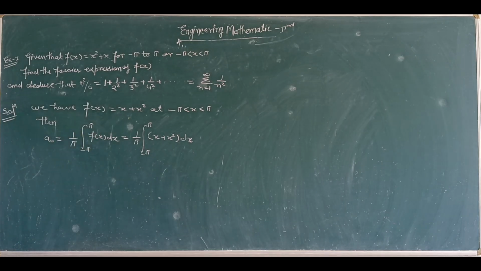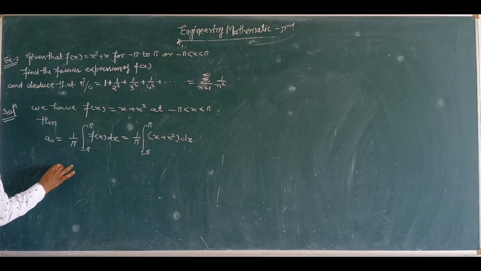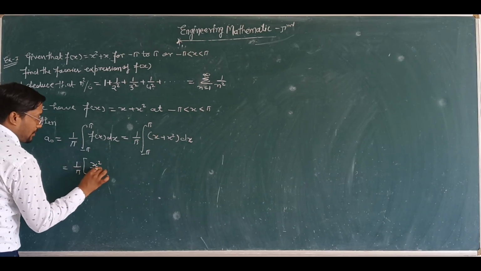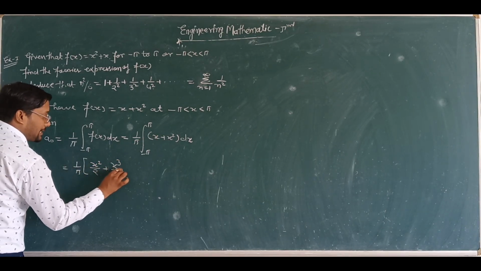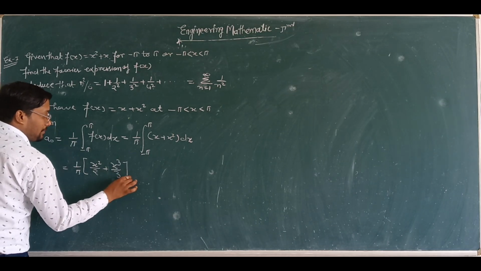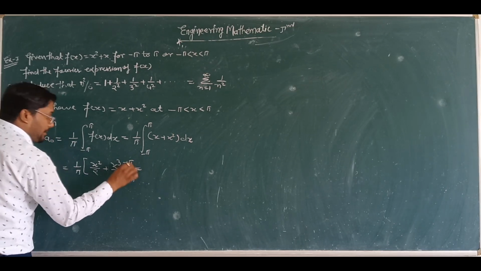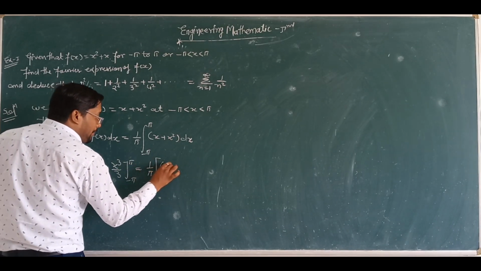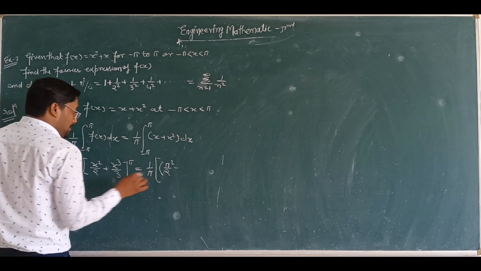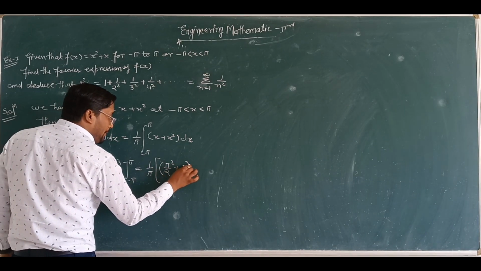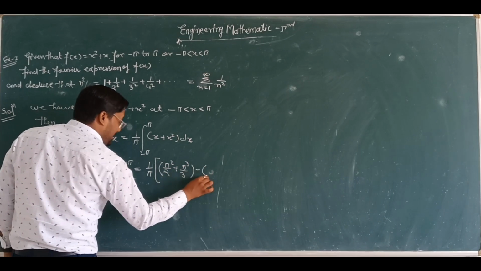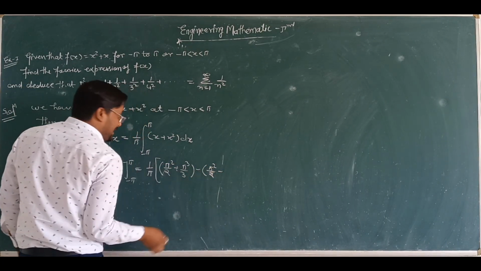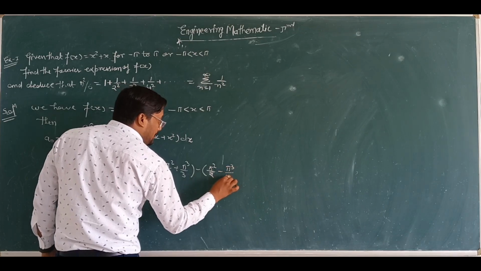Now solving this, 1 by pi bracket, the integration of this function is x square by 2 plus x to the power 3 upon 3, from minus pi to pi. Put the limits: 1 upon pi bracket, pi square by 2 plus pi cube upon 3 minus, put the value of minus pi, pi square by 2 minus pi to the power 3 upon 3.